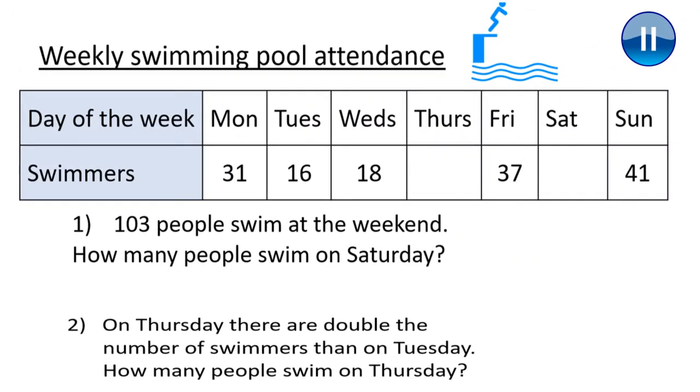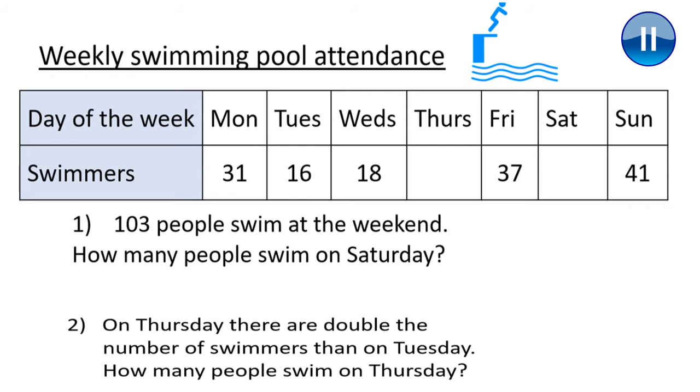Take a look now at the information shown in this table of weekly swimming pool attendance. Along the top we have the days of the week from Monday through to Sunday, and underneath we have the amount of swimmers. Question 1. 103 people swim at the weekend.